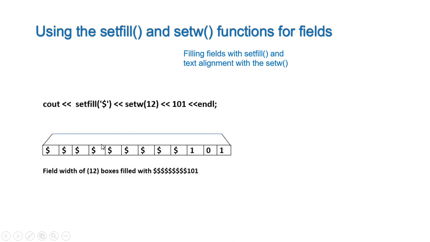So the remaining 9 will be filled with the symbol that setfill assigned. So we have here 1, 2, 3, 4, 5, 6, 7, 8, 9. Now the digits 101 will be printed in the remaining 3 fields. And the result for this statement will be 9 $ symbols, then 101. This is how you use setfill and setw in the iomanip library in C++.